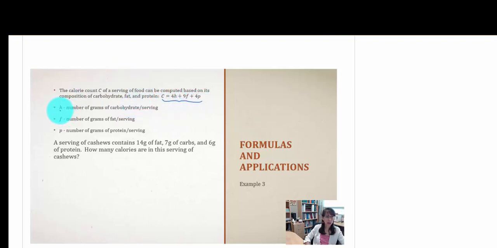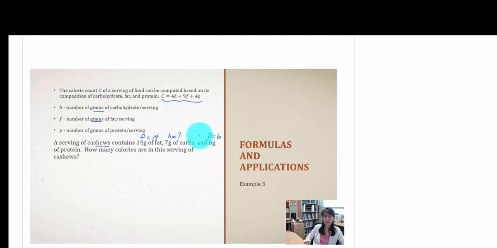It tells you that H is the number of grams of carbohydrate per serving, F is the number of grams of fat per serving, and P is the number of grams of protein per serving.